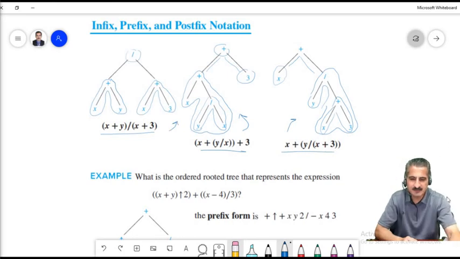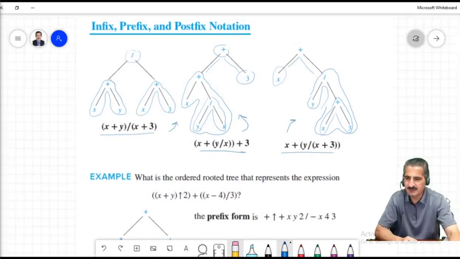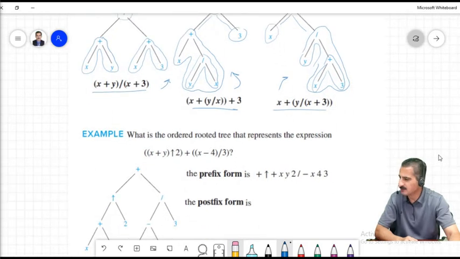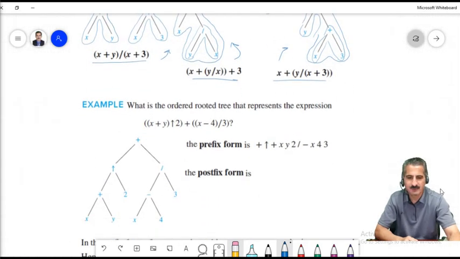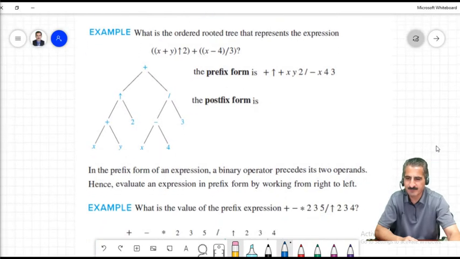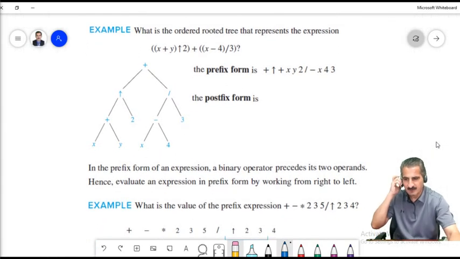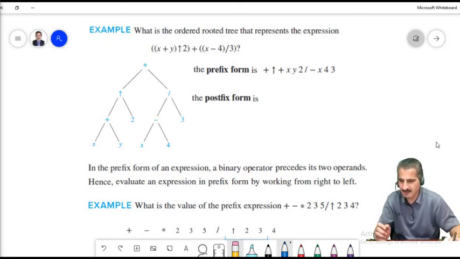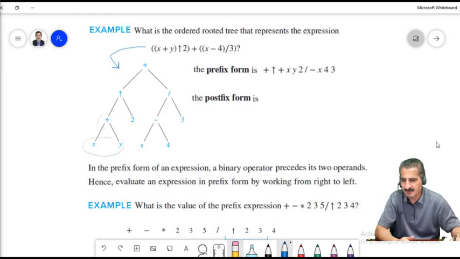Let's see how this relates to the algorithms we have just seen. Now you can guess, as we have done a little while ago, that this expression is represented by this tree, right? It is x plus y. This in here means a power exponent.